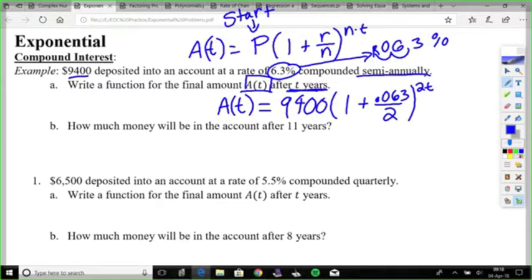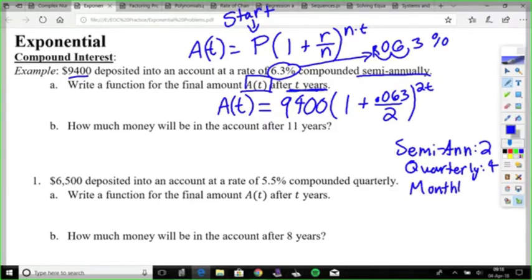I wrote down on our notes how you determine it. If it says compounded semi-annually, it means twice, so n is equal to 2. If it says quarterly, it means n is equal to 4. If it says monthly, I think this should be obvious, monthly means 12.